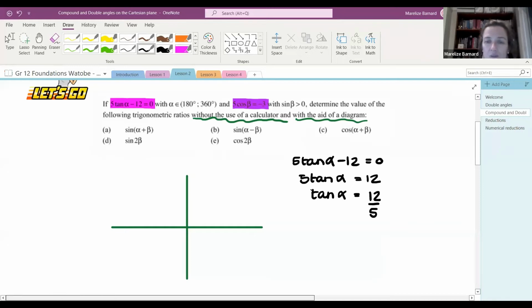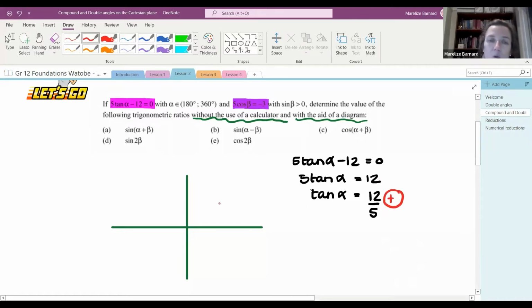Okay, so now we're going to draw our sketch, but we first have to decide which quadrant to draw in. We've been given a lot of information here to determine that. First of all, we've got tan of alpha, and tan of alpha is 12 over 5, so that is positive.